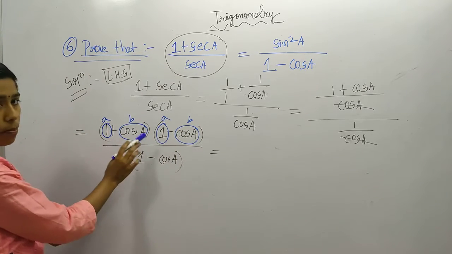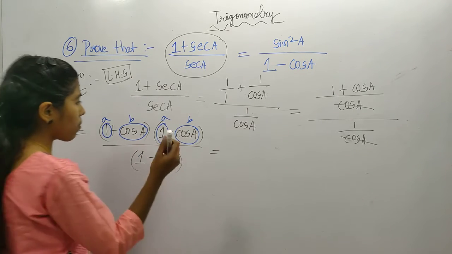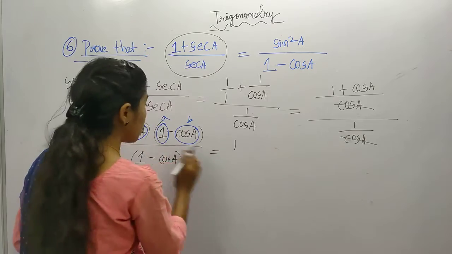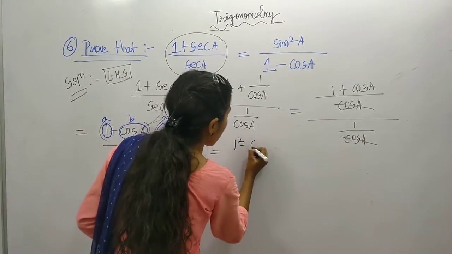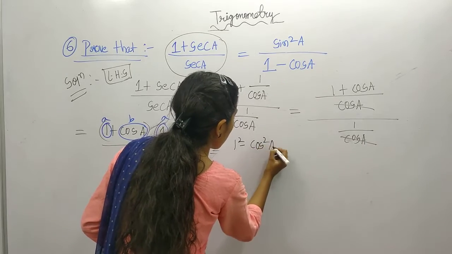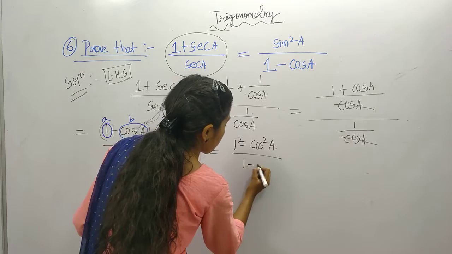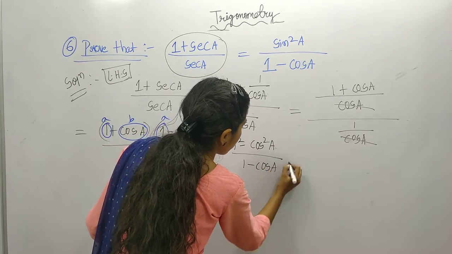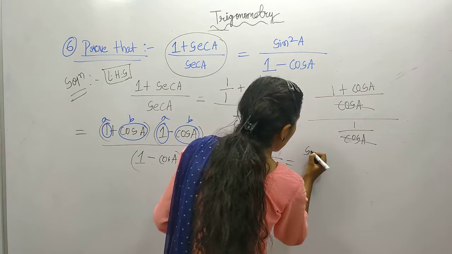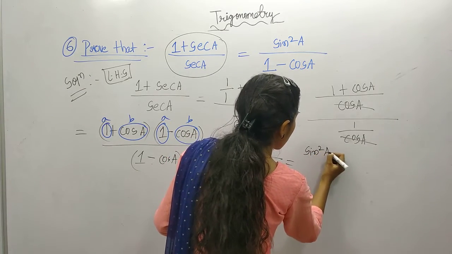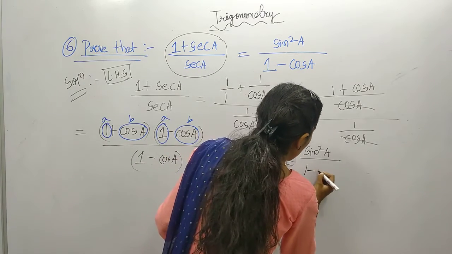So a plus b into a minus b. Our formula is a square minus b square. A is 1, so 1 square minus cos square a divided by 1 minus cos a. So here you see 1 minus cos square a, the formula is sin square a. 1 minus cos square is sin square a divided by 1 minus cos a.